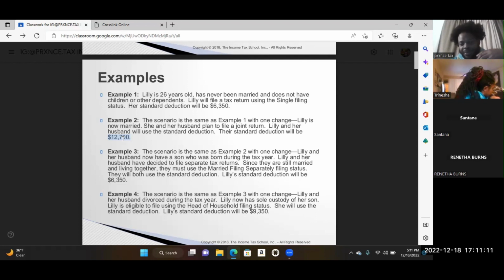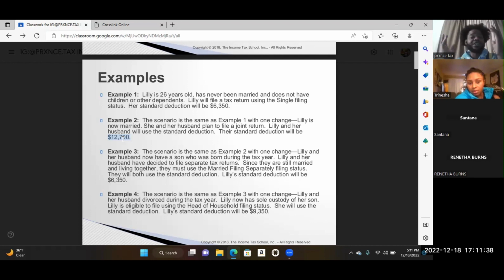The baby doesn't come out until next year. So say you find out your wife is pregnant in 2022, but the baby doesn't come out until 2023. You can't put the baby's information on your 2022 tax return. You can put the baby's information on your 2023 tax return, but not your 2022.